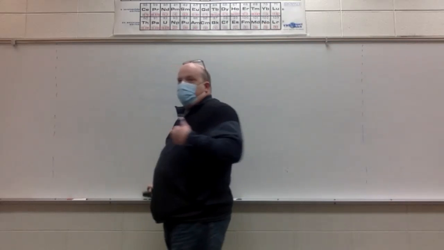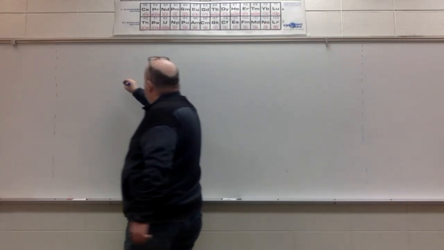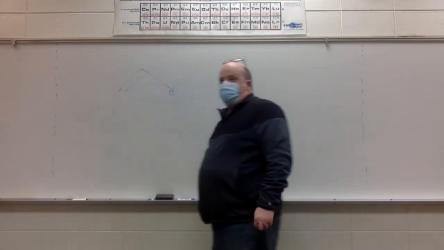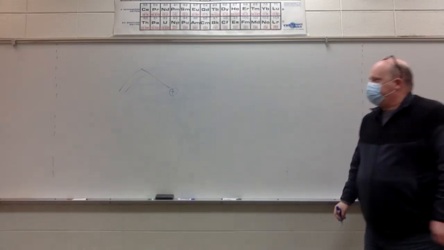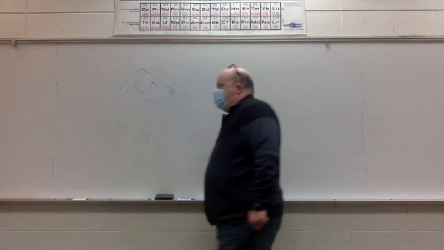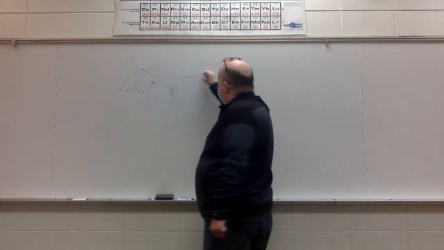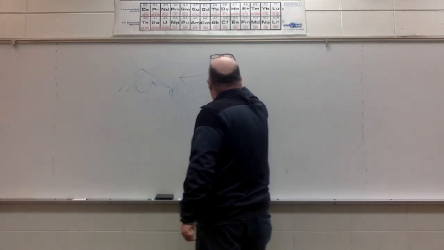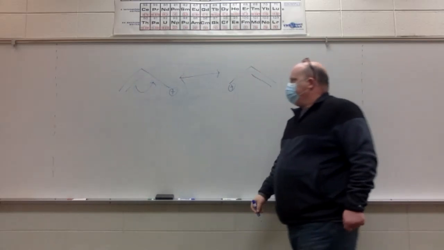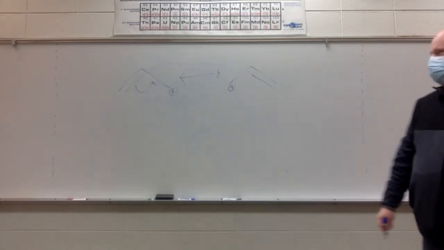Just like we saw with conjugated dienes, allyl carbocations exhibit resonance. You could very easily hop that pair of electrons over and create a resonance structure.